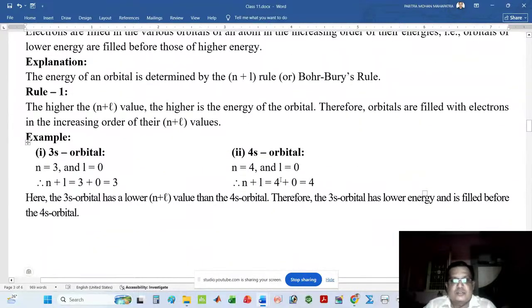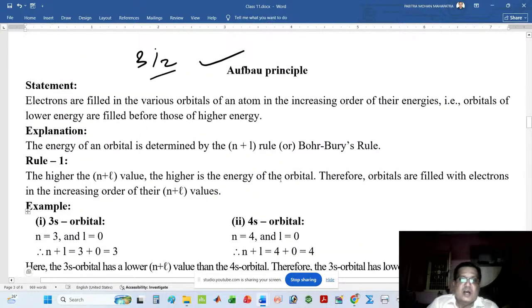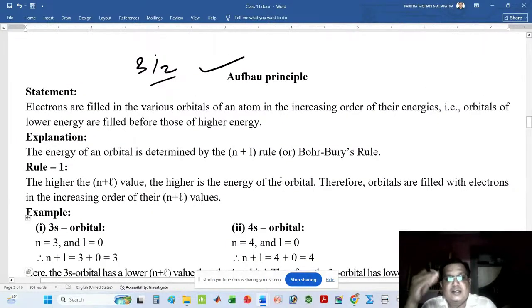There are two rules in the Aufbau principle. The Aufbau principle says that the orbital having the lowest energy is filled first.